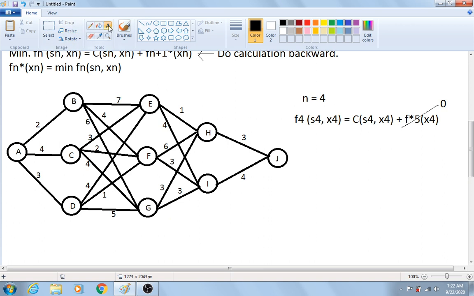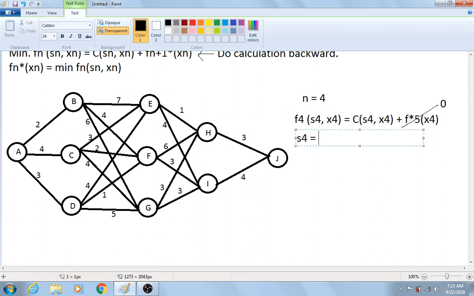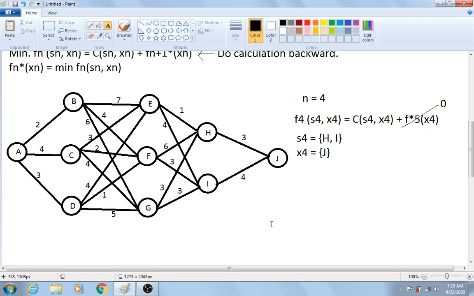And what is our s4? S4 will be our position, so it will be H and I. And what is our x4? Our x4 will be J, because it is the only one. Now let's do the calculation.